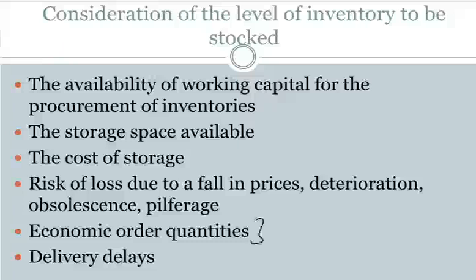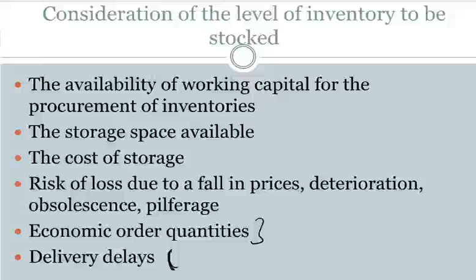We're also looking at the delivery time. So we're saying how much can we store, because this will also depend on the delivery time. When I'm talking about the delivery time, it is the time between the time I order more inventory and the time they actually deliver the inventory.